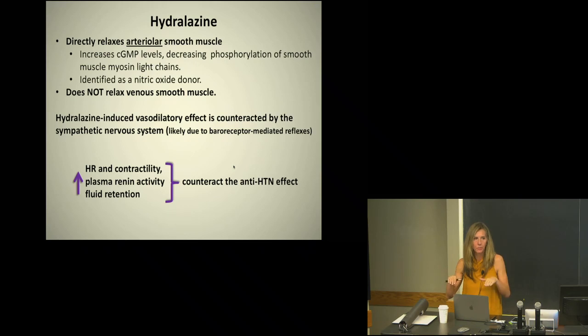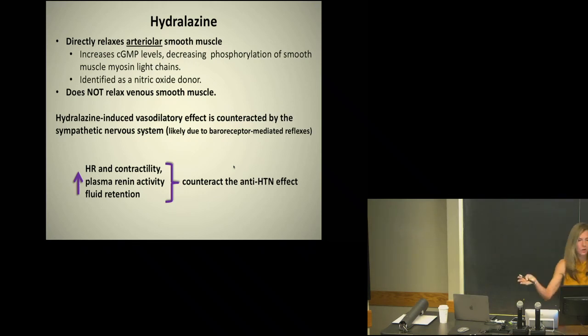Arterial blood pressure, right? Because we don't always want to reduce preload, because if we reduce preload, then the heart is going to compensate, increase cardiac output, and we end up with the fluid problems, right? So here, the benefit of this drug is it tends to work more on the arterioles.